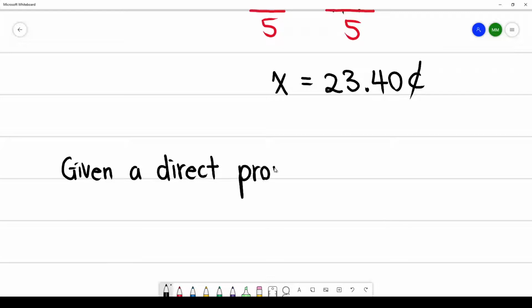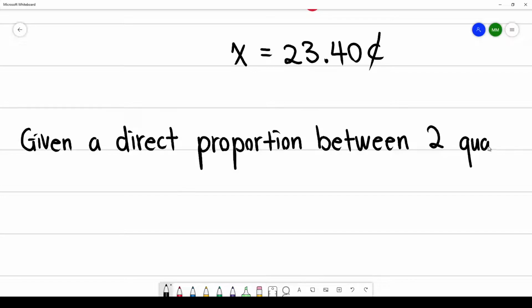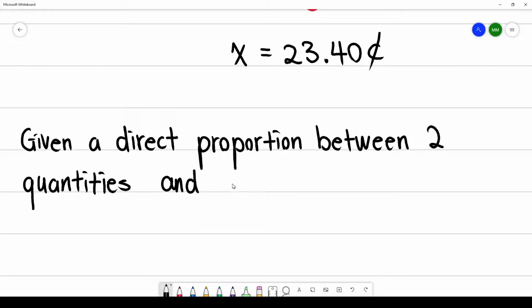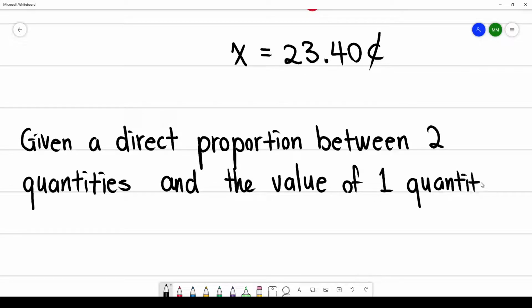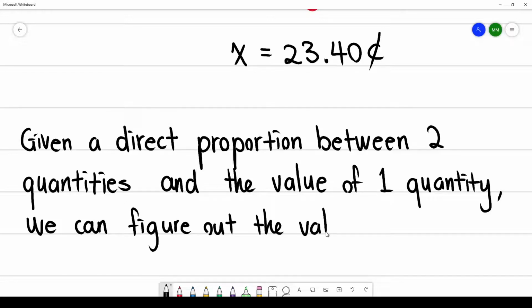Given a direct proportion between two quantities, and the value of one quantity, we can figure out the value of the other quantity.